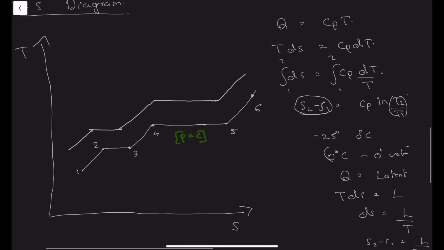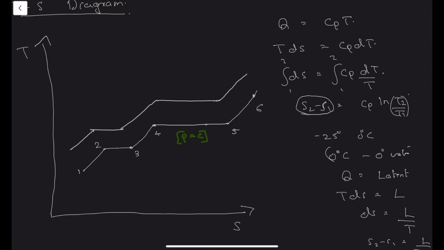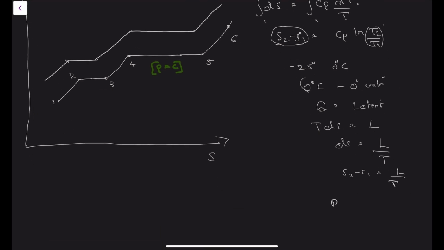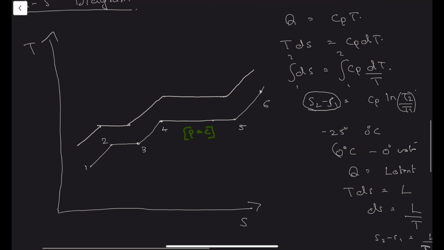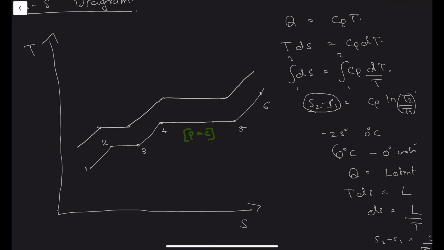So you are doing this for a higher pressure, so you will get a curve like this, because at higher pressure, any substance will undergo the phase change process at a higher temperature. So that means when saturation pressure increases, saturation temperature also increases. Okay, so you can draw this for many lines.